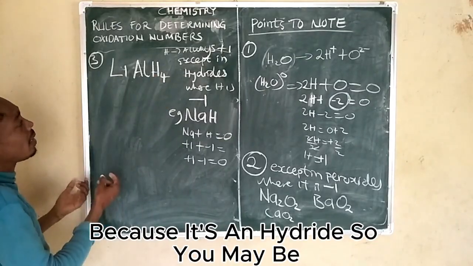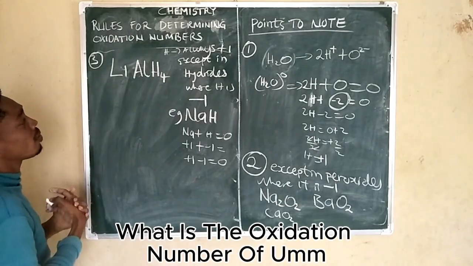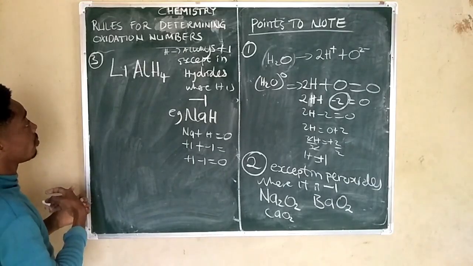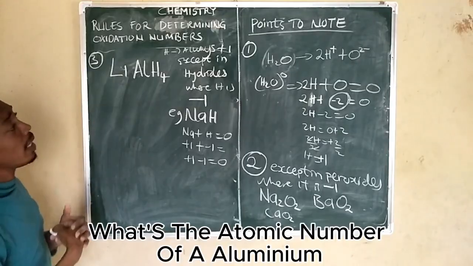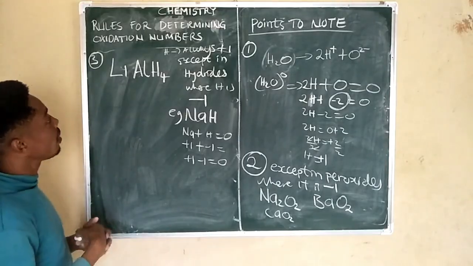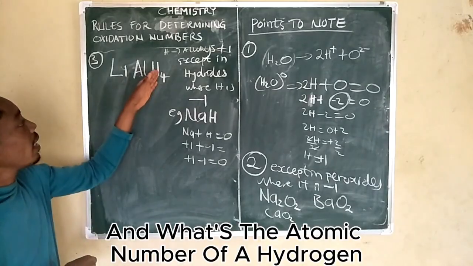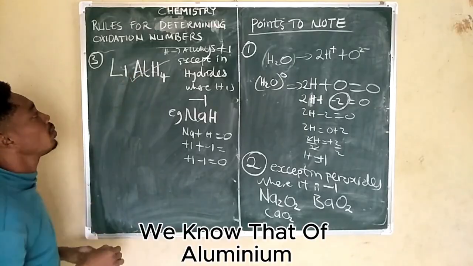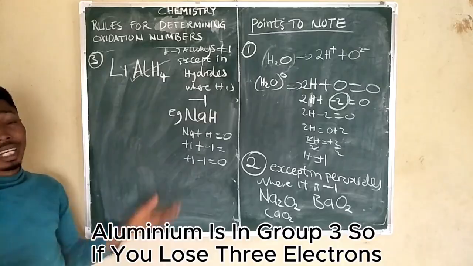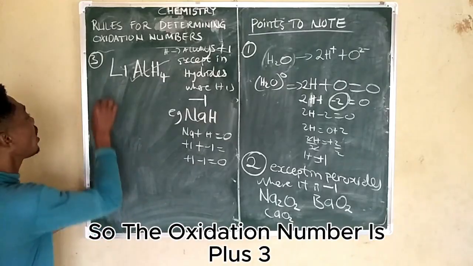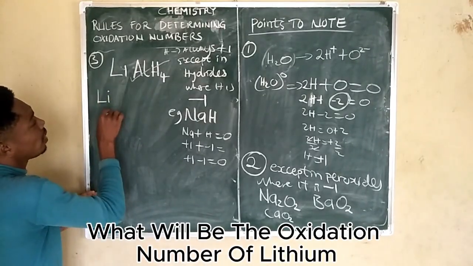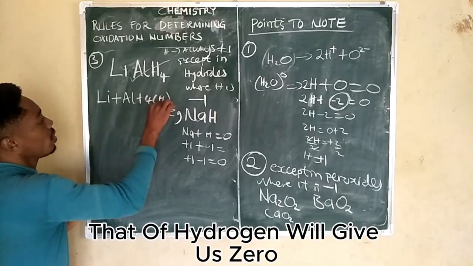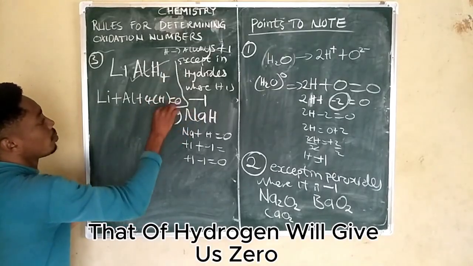So you may ask, what is the oxidation number of lithium? What's the oxidation number of aluminium? And what's the oxidation number of hydrogen? Of course, we know that of hydrogen. We know that of aluminium. Aluminium is in group 3, so it will lose 3 electrons. So the oxidation number is plus 3. What will be the oxidation number of lithium? That of lithium plus that of aluminium plus 4 times that of hydrogen will give us 0.